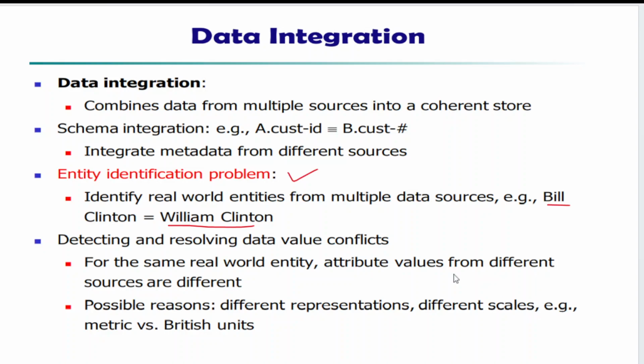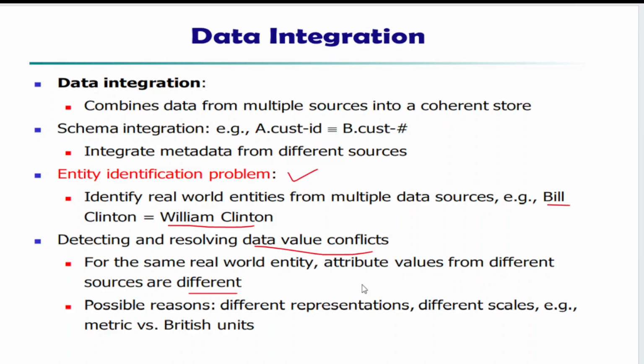And then detecting and resolving data value conflicts. For the same real world entity, the attribute values from different sources are different. Suppose I take a customer name like John Henry.